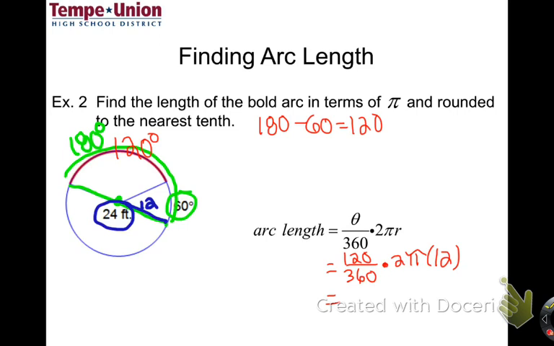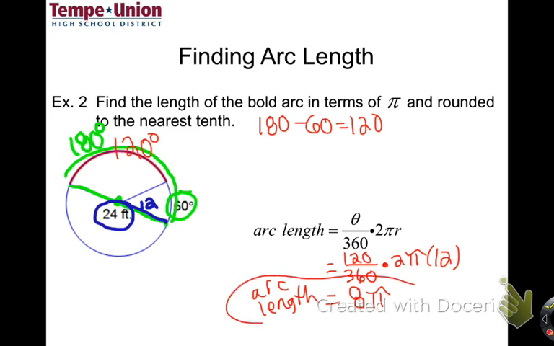So we do 120 divided by 360, and then we're going to multiply by 2, and then times 12. And I'm leaving out the pi again because I just want to multiply all the numbers together. So I get 8, and then I'm going to include the pi, so that would be 8 pi. So this would be the arc length in terms of pi.